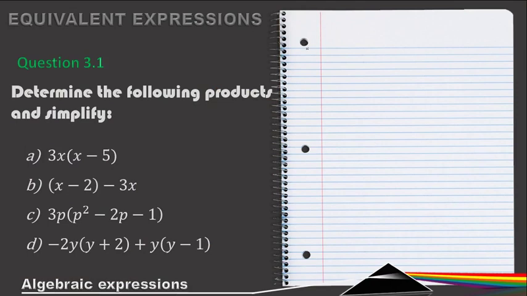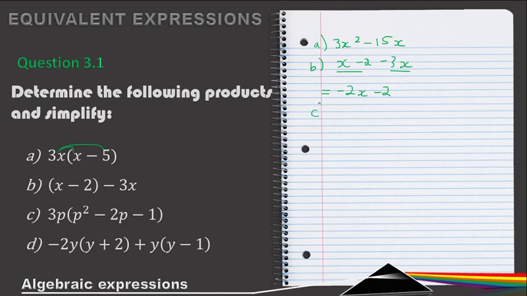Okay, so for question 3.1, we multiply out this bracket. So for A, we have 3x squared minus 15x. For B, we don't have anything in front of this bracket, so we can basically drop those brackets. So it's x minus 2 minus 3x. So my like terms are these two, which then becomes 1 minus 3, which gives me negative 2x minus 2.